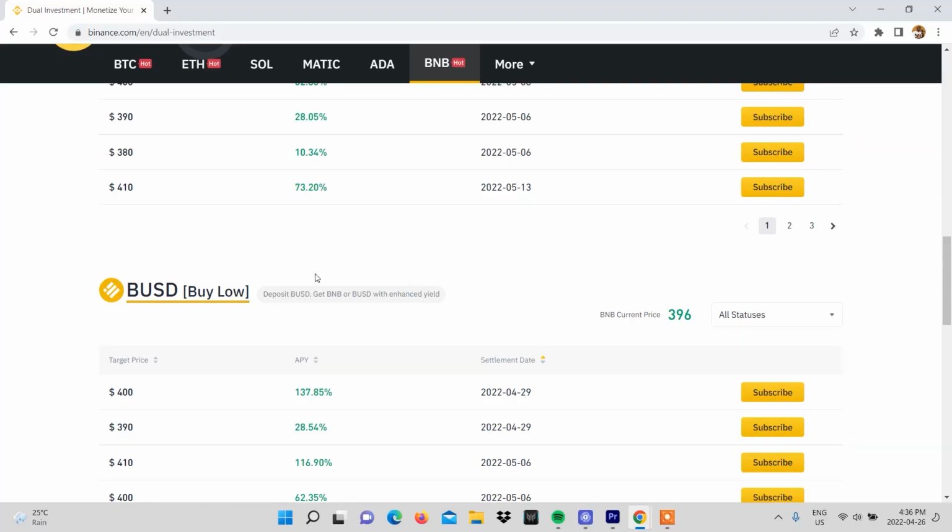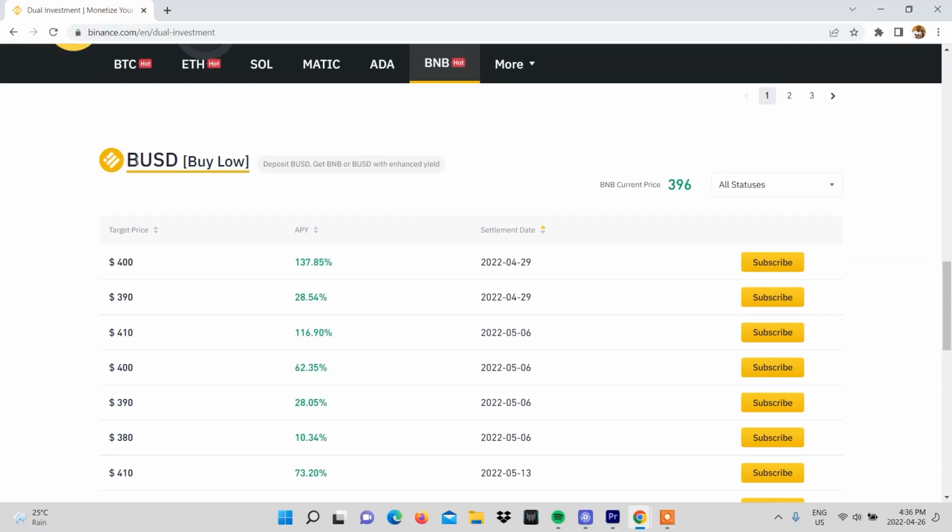With the down and exercised investment, we will get the chance to buy low at a target price on the settlement date. Here, we shall deposit one of two stablecoins, either USDT or BUSD. Once we've chosen the stablecoin we want to use, which in our case is BUSD, we select a target price at which we are hoping to buy another currency by the settlement date.